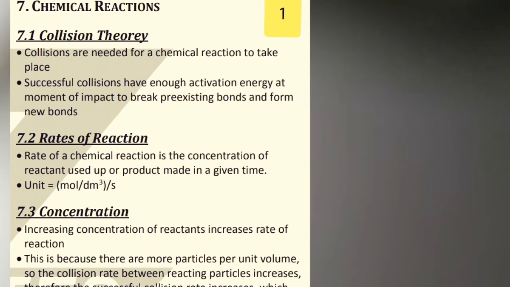So the equation is the change in concentration of reactant or product divided by time.